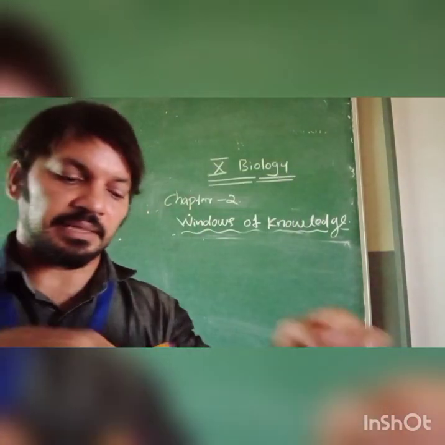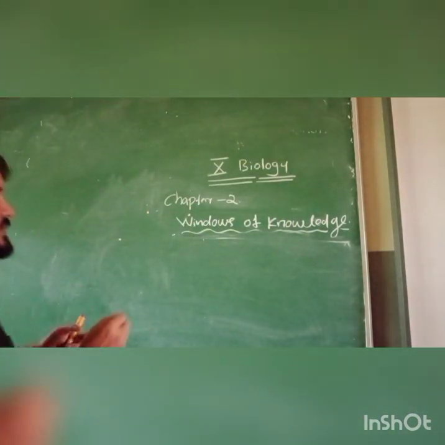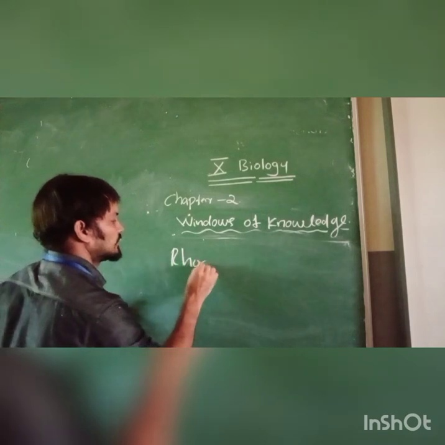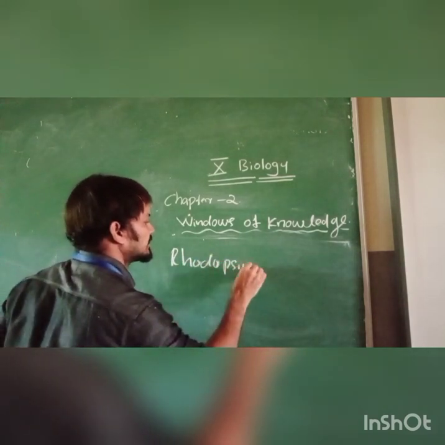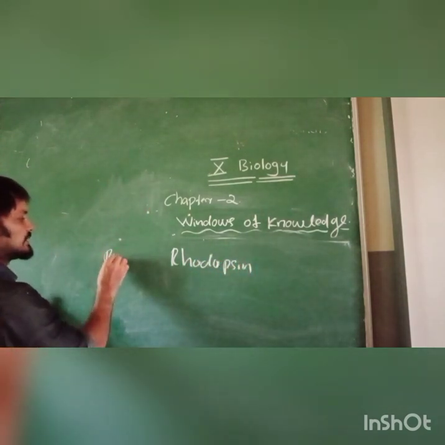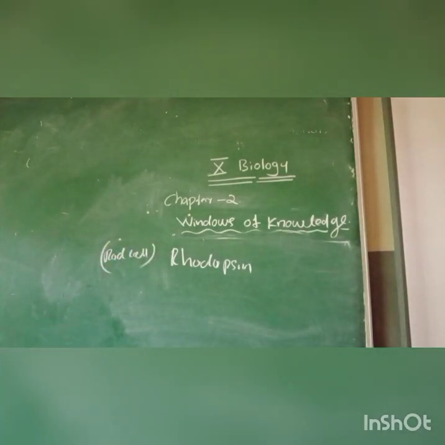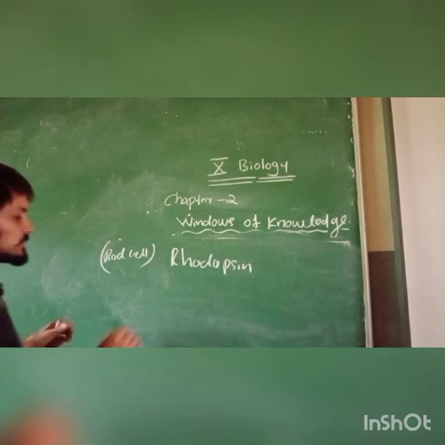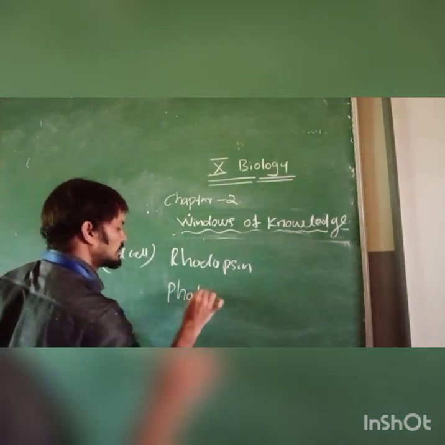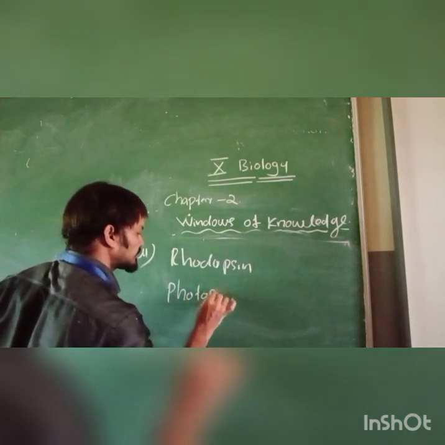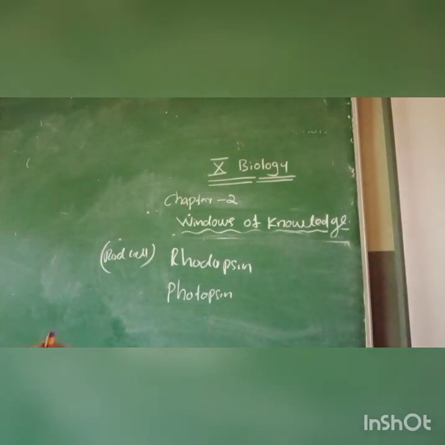Understood? Again, in rod cell it is rhodopsin. In cone cell, the pigment is known as photopsin. It is contained in cone cell.